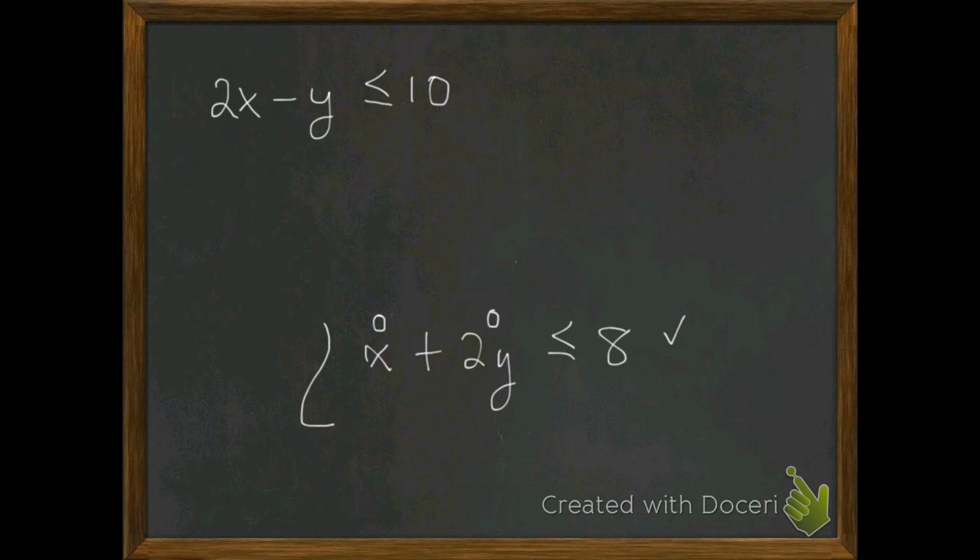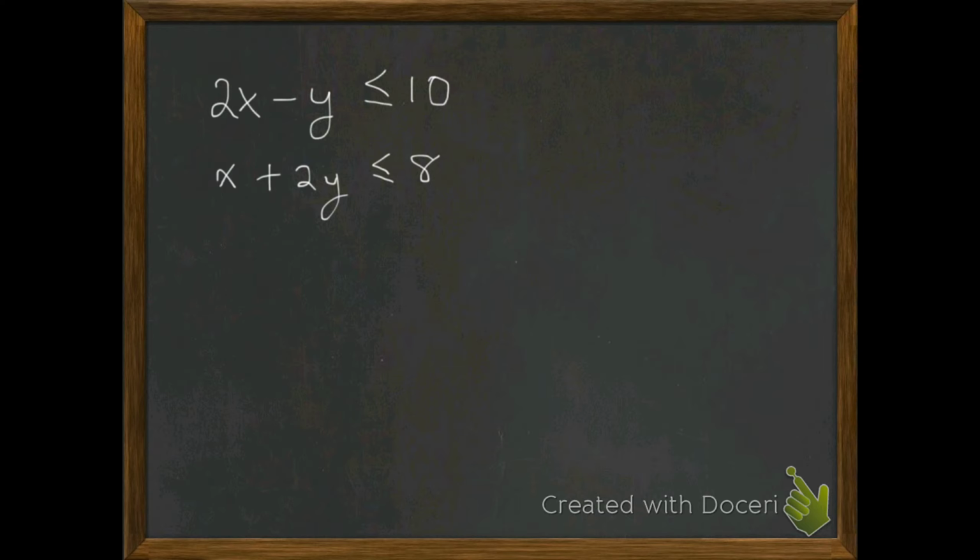So this is going to be an addition to this problem that we're going to need as we get into linear programming. And let's go x plus 2y less than or equal to 8. Okay? But let's add a little bit to this. What if I came in and did this?